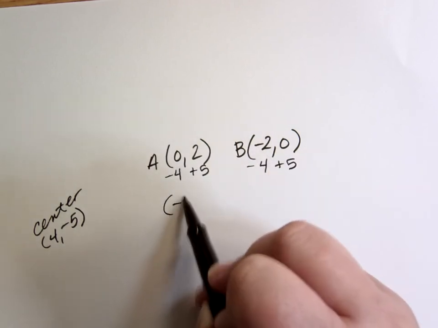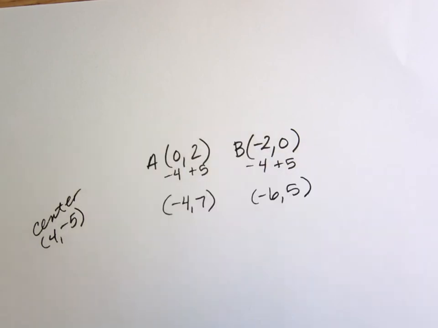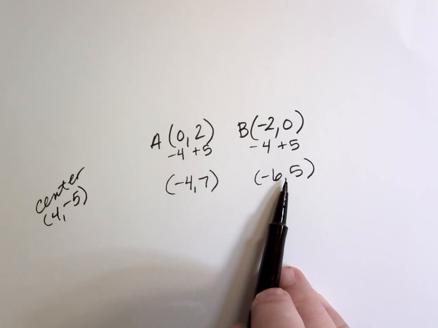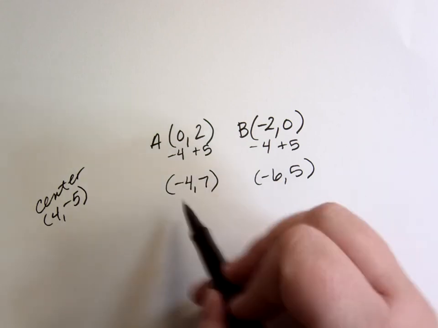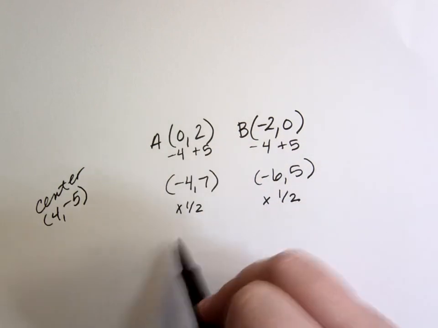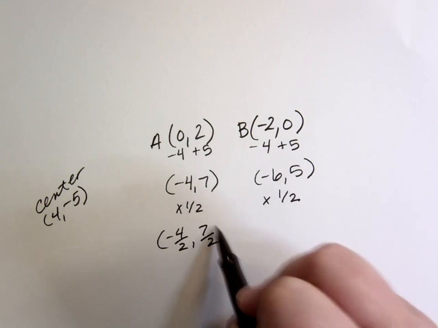That gets me to -4, 7 and -6, 5. This is where A and B would be if everything were shifted to have a center of dilation at the origin. Now I can just multiply by the scale factor, so times 1/2 on everything here, and it would have to be 1/2, wouldn't it? It's not going to be nice and clean and tidy.